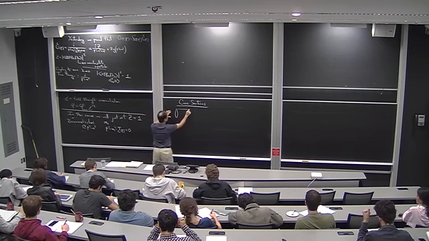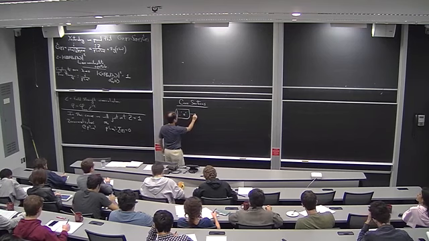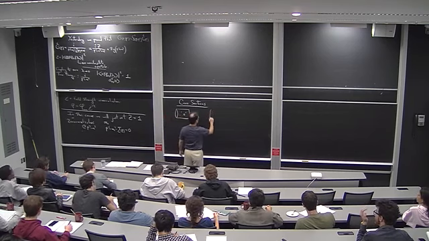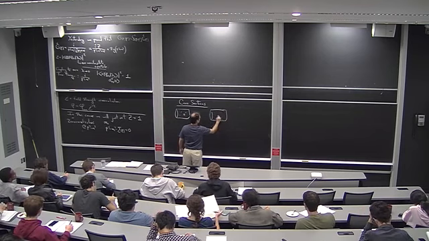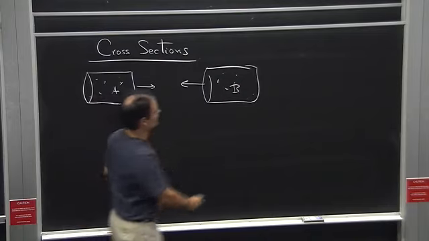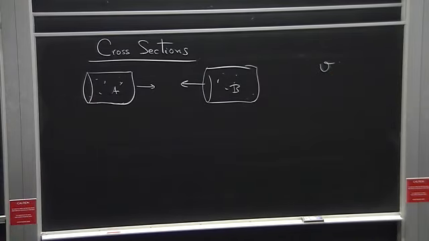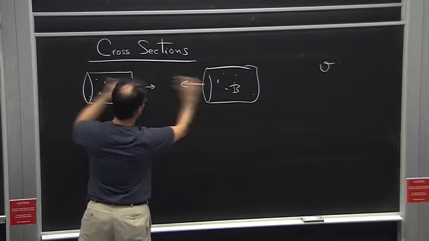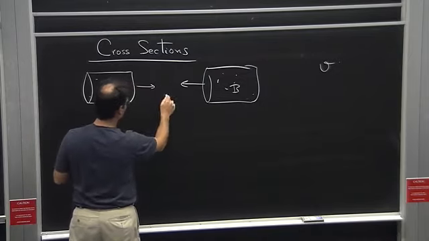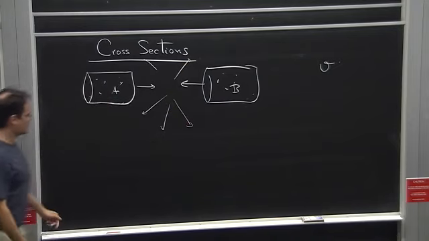We have some beam of particles of kind A. They are moving with some velocity. We have a bunch of particles B coming here. Say that the relative velocity is V.